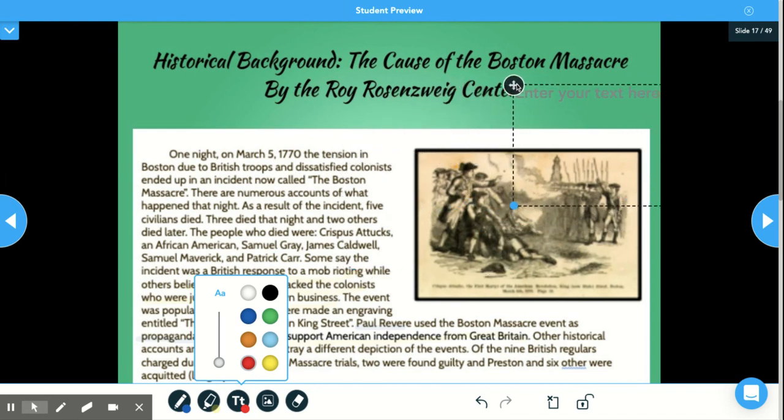add it over here. So my question is, did the soldiers attack the colonists, or were they responding to an angry mob?